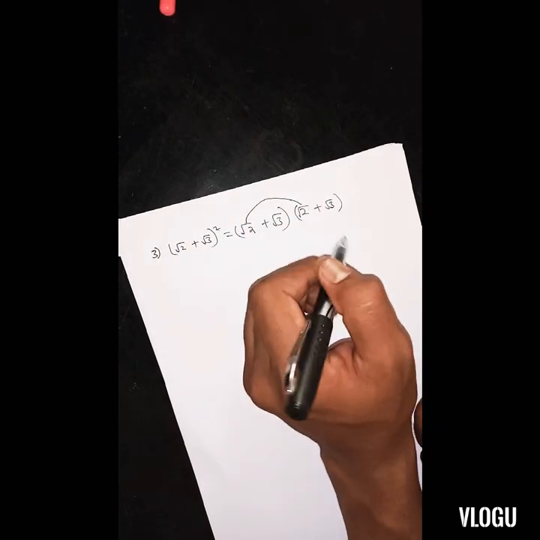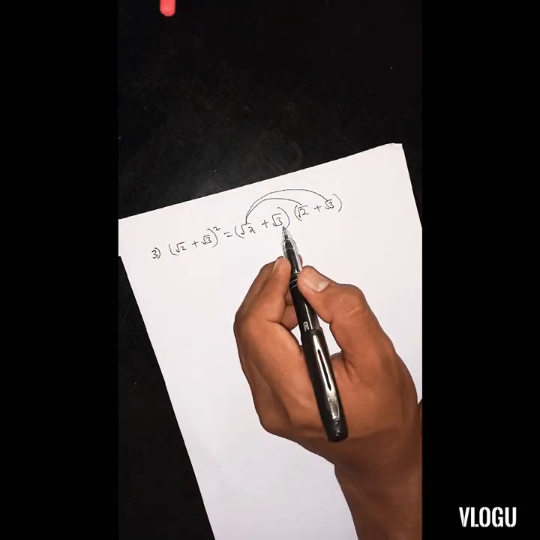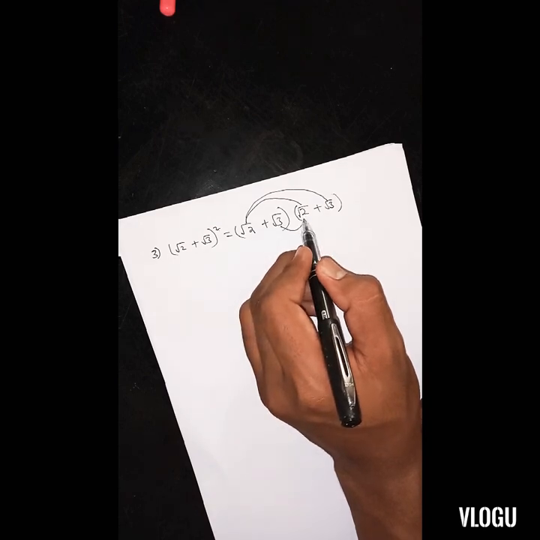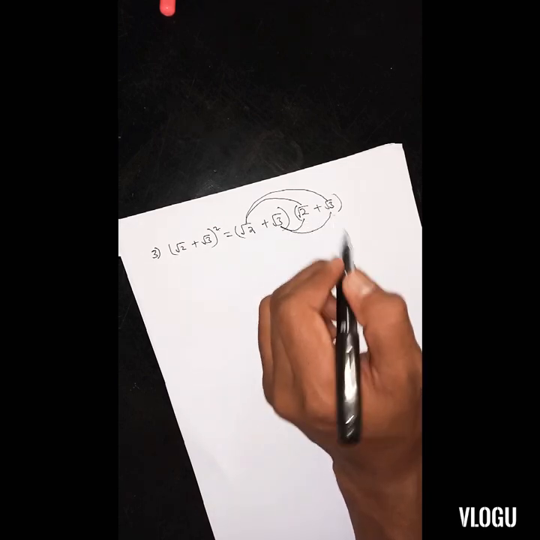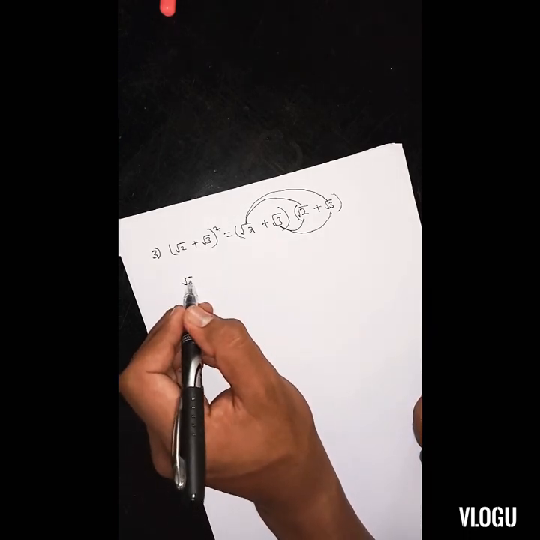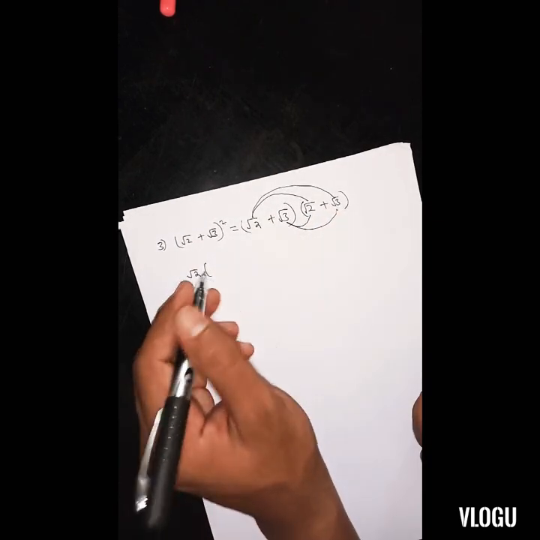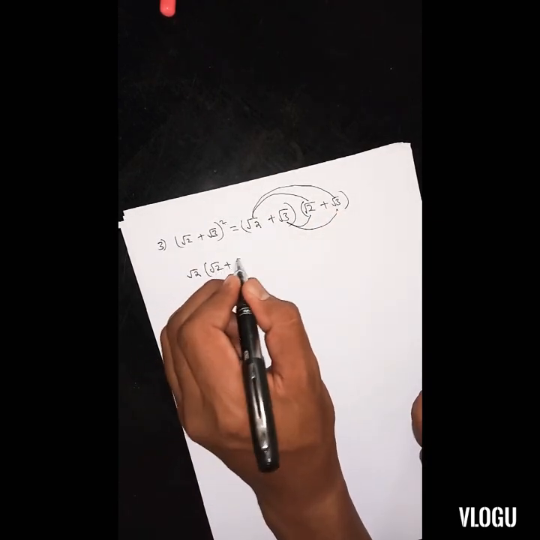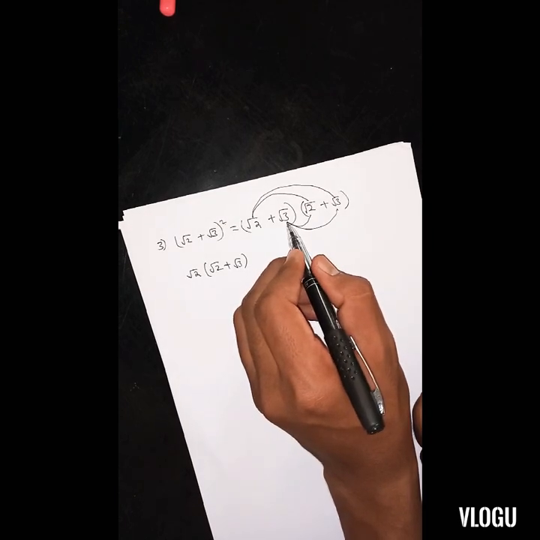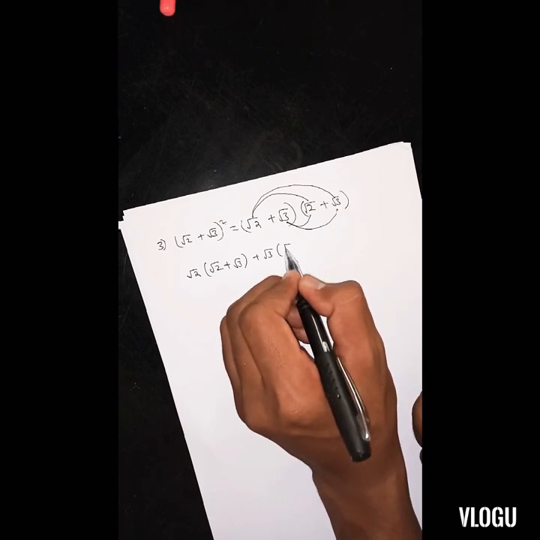That is root 2 by root 2, again root 2 by root 3. And then you take the remaining root 3 multiplied by root 2, again root 3 multiplied by root 3. Let's put it into writing: root 2 multiplied by what is inside the other bracket, root 2 plus root 3, and then the other value, root 3, again multiplied with the other bracket.